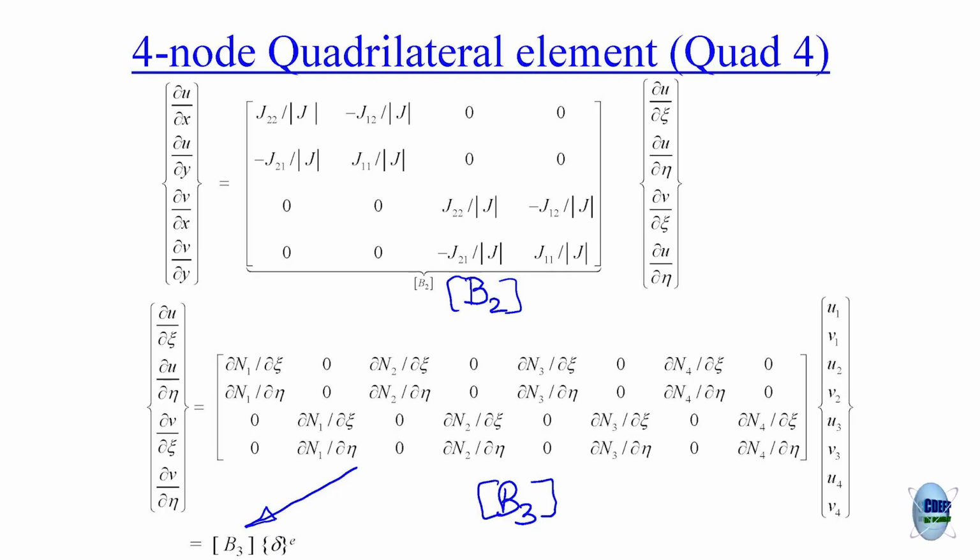So, you can ignore the bottom half, look at the top half first. On the left hand side, I am writing dou by dou x, dou by dou y of u and v, and on the right hand side I have dou by dou zeta, dou by dou eta. That matrix will involve Jacobians, because that is the relationship between the xy coordinate frame and zeta eta coordinate frame derivatives.